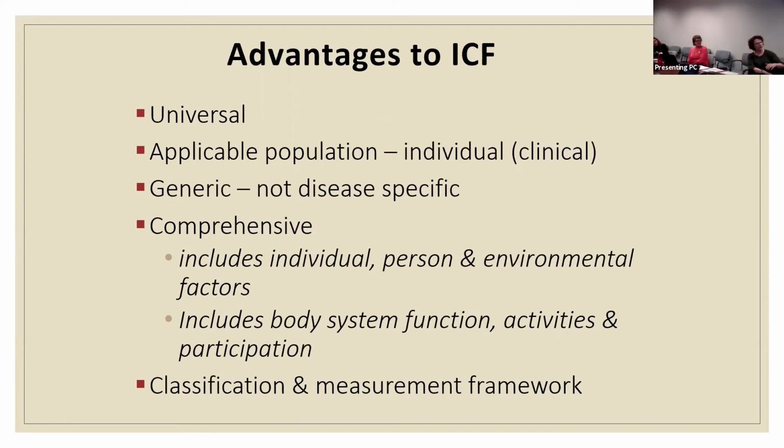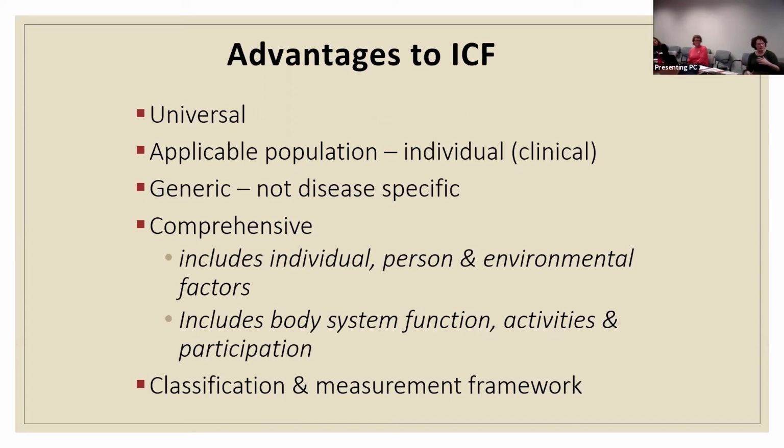And then it is comprehensive because in previous models, the ICIDH was a previous model, the International Classification of Impairments, Disabilities, and Handicaps. That was one directional, and there were no environmental or personal factors recognized. It was all about the body. And so this one is more comprehensive, recognizing all the things we just talked about outside of the individual.